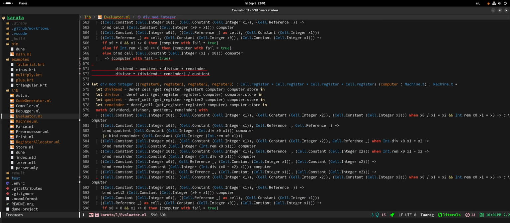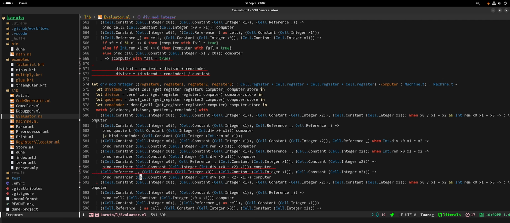Next. Wait a moment, I got lost. Oh, it's the reference on the dividend. That's what we need to do now. So assuming the dividend is the one missing now, it's just this, the first formula, and then we do no divisions.